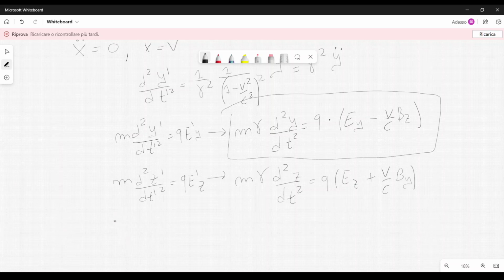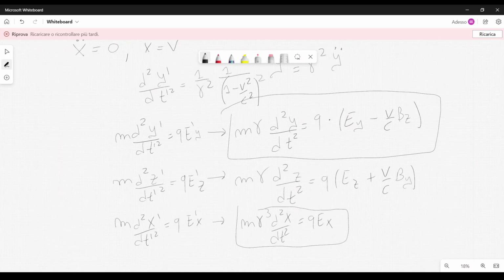Let me write down also what we found for the x component. We have m d squared x prime over dt prime squared equal to q e prime x. This becomes m gamma cubed d squared x over dt squared equal to q ex, like this.